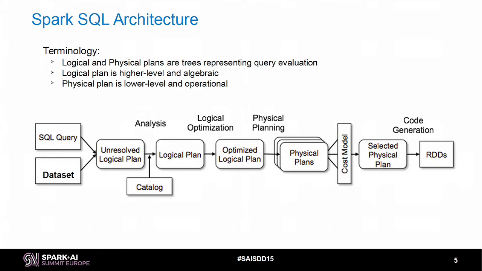We will see an example in the coming slides. Then one of the physical plans is selected for which the code is generated on the fly. The code is generated in Java, and that is compiled using the Janino compiler at runtime.